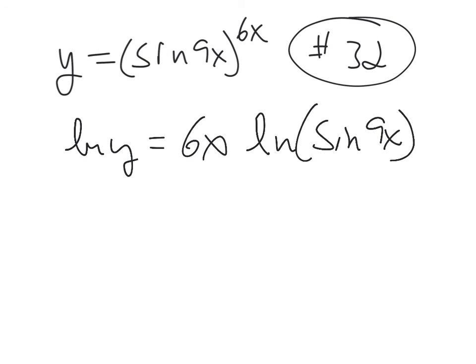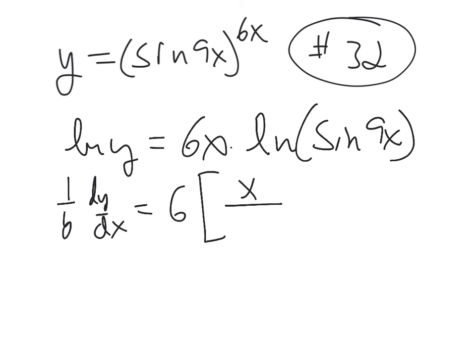Now let's do the derivative. So 1 over y dy/dx equals, now 6 is a constant, so I can just bring that along for the ride. And then I see a product, x times that. So won't that be x over sine of 9x times the derivative of sine of 9x?